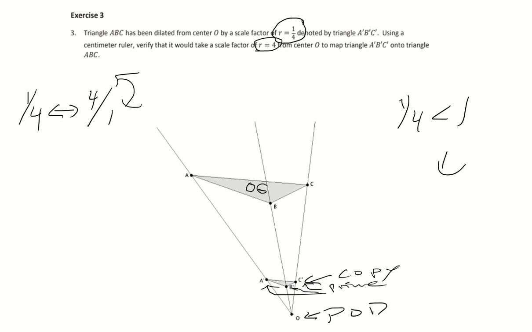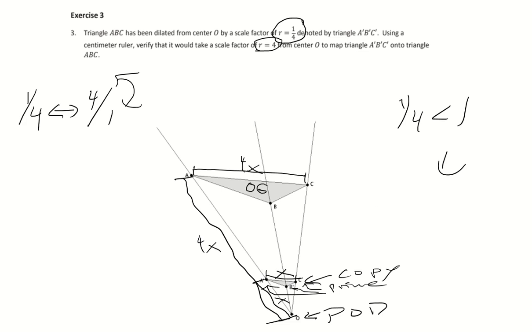So the way to prove this would be to measure the distance from A prime to our center of dilation, or point of dilation, and then we could measure A, the original, to that. This should be 4 times as much as this. And then we can prove it one other way by, let's say, measuring from A to C and measuring from A prime to C prime, right? If that's X, that should be 4X.